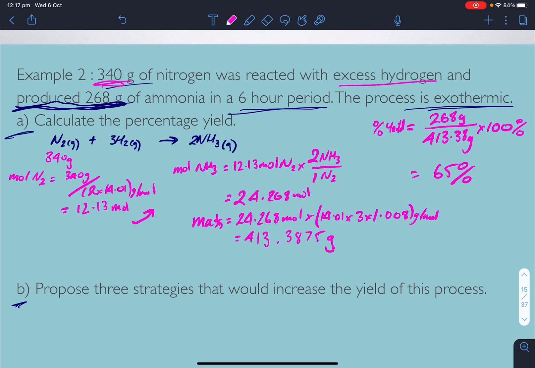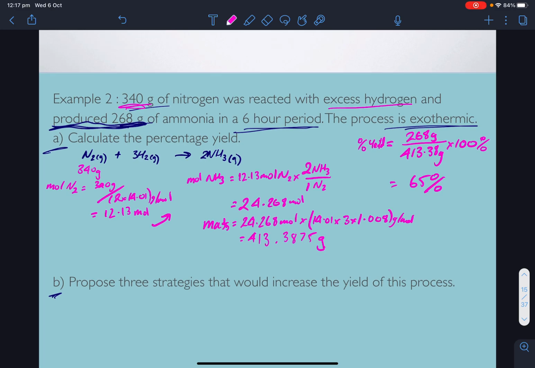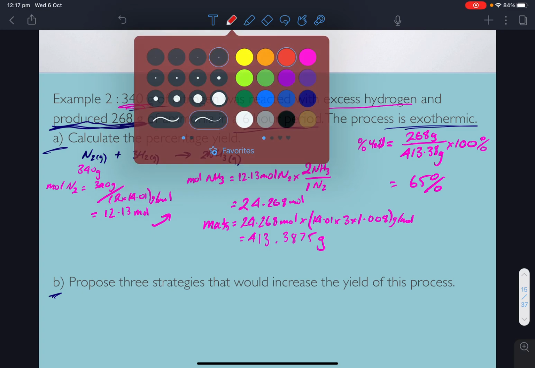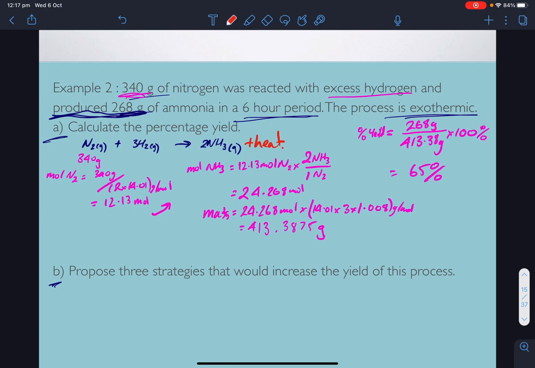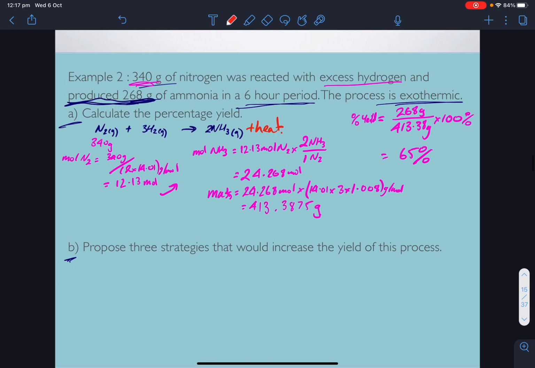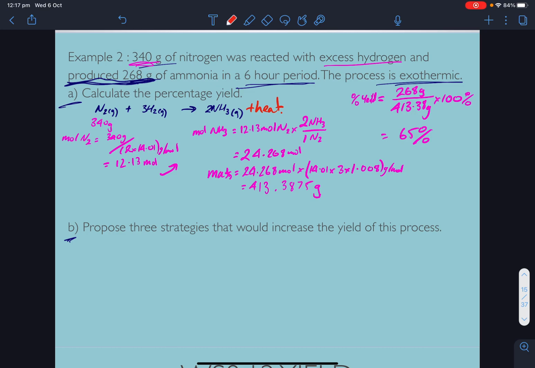3 strategies. Okay. I'm going to go back and write in heat in my equation. It's exothermic, so heat is a product. Okay. So, according to Le Chatelier, let's do the heat thing. If heat is a product, I want to drive the forward reaction, so I need to take one of the products out.